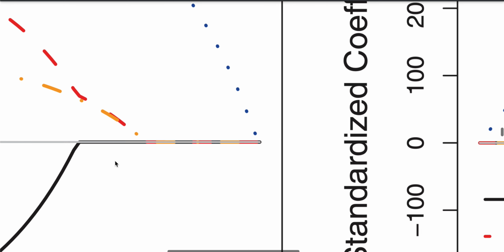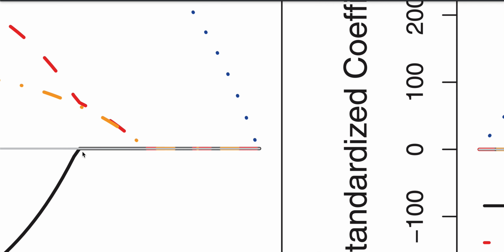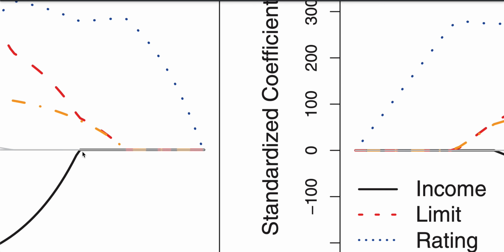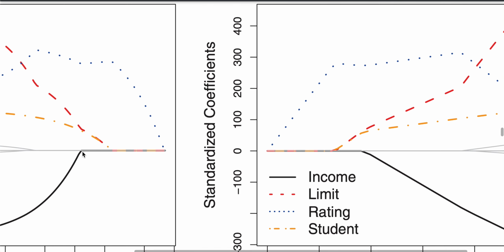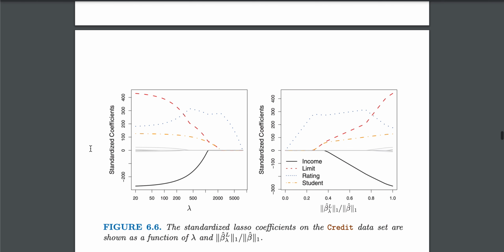For lasso, if you increase lambda enough, the coefficients get clamped to zero. Boom, it hits zero. That's a fundamental difference between lasso and ridge.